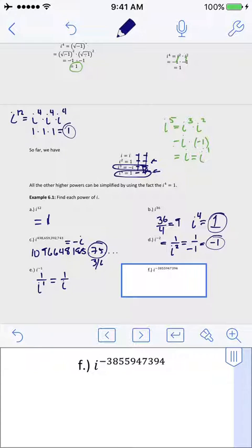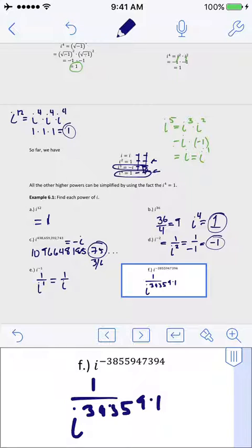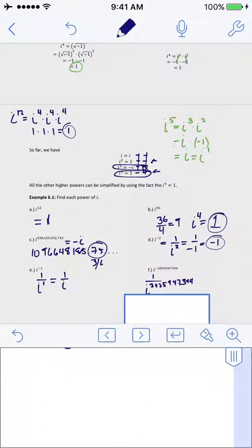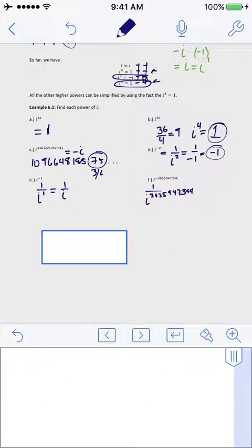Same thing goes with this one now. Now you've got this huge number and it's negative. So this is going to be the same thing as 1 over i to the 385594,7394. And then if we take that and divide it by 4, we can see what spot it is.